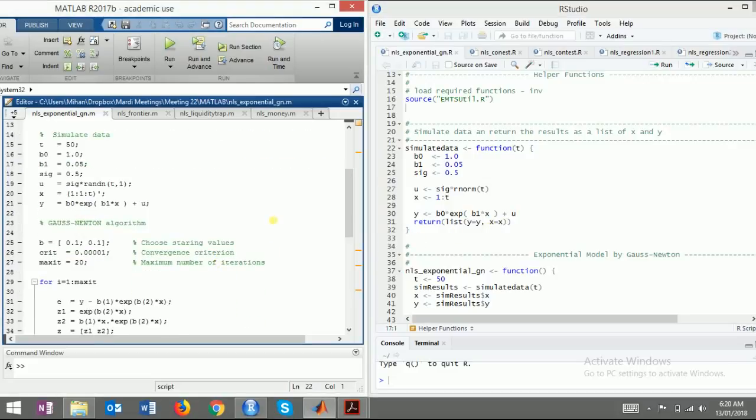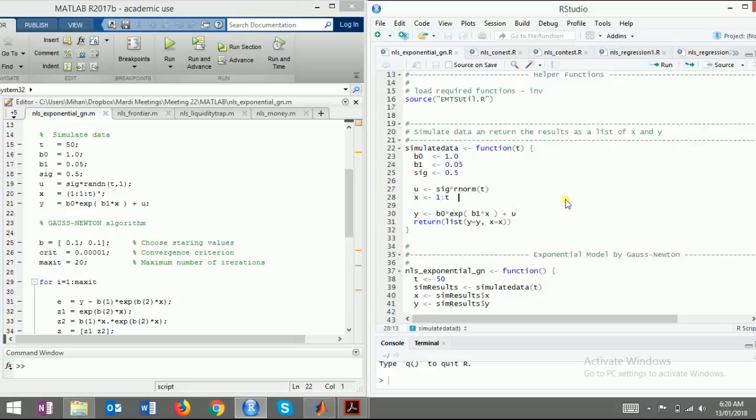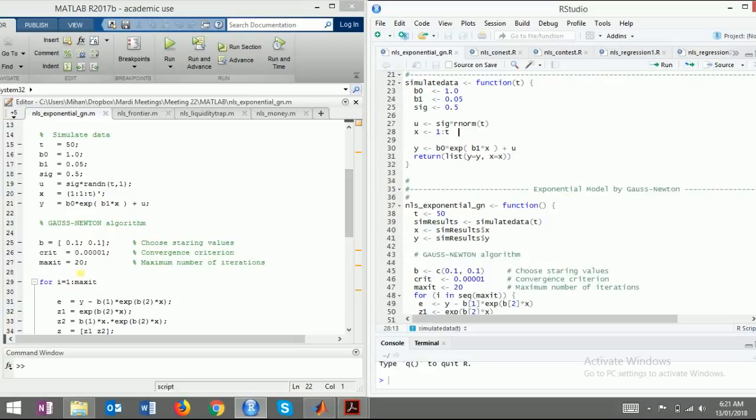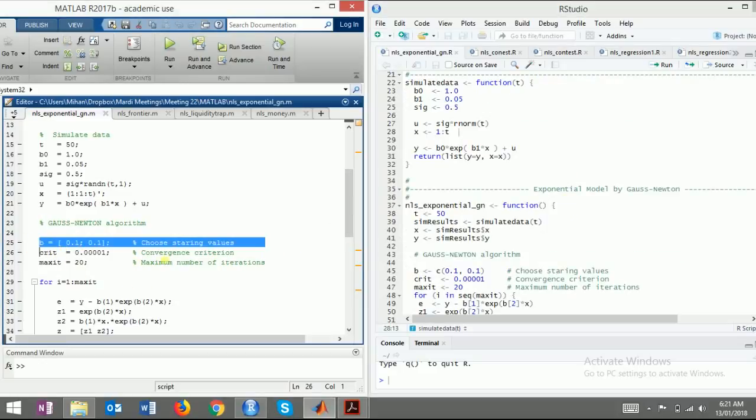Then we will start with the Gauss-Newton algorithm, and there comes the interesting part. First, we have the starting values with us. Then a default criteria. Okay, because beta naught, beta 1 will continue up until it's less than the default criteria, where it will converge, as we know.